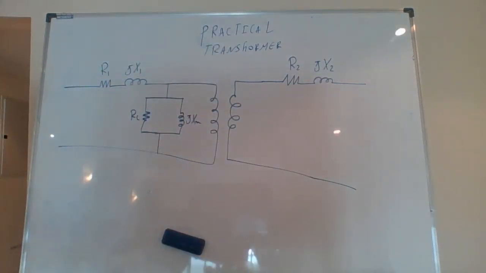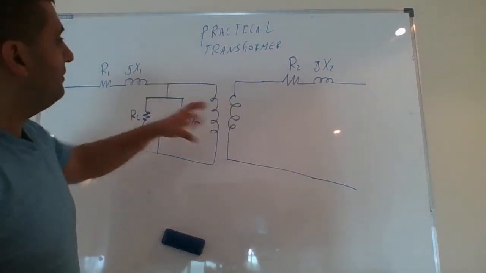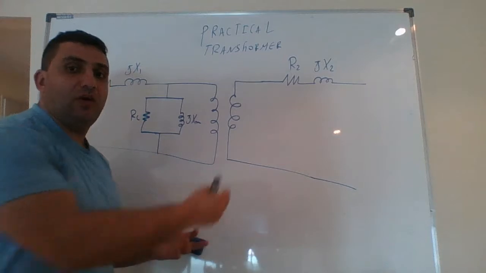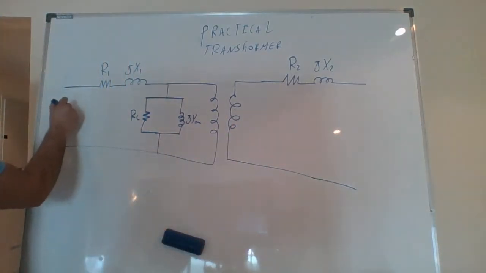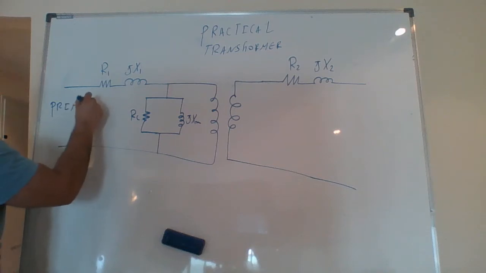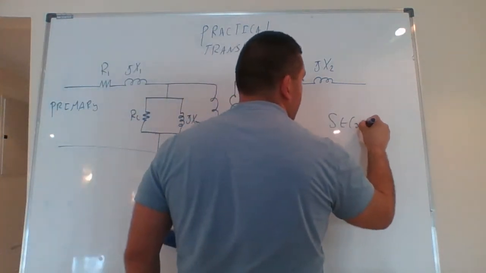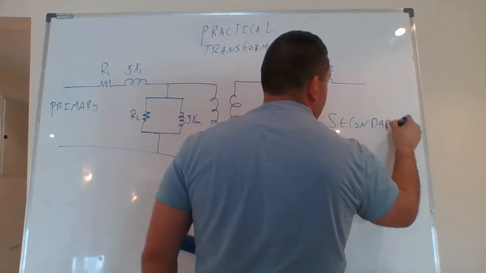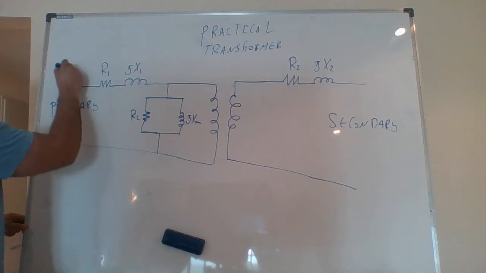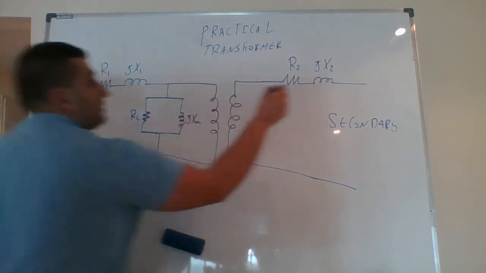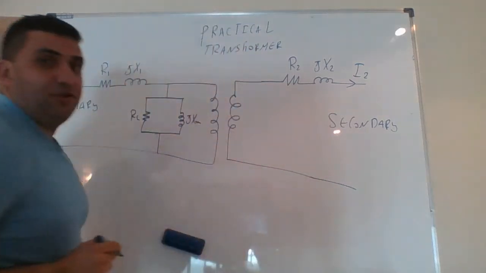This circuit, from an electrical engineering point of view, is now a circuit. This is the primary side, and this will be the secondary. This current I can call I1 or I primary. This will be I2 or I secondary.